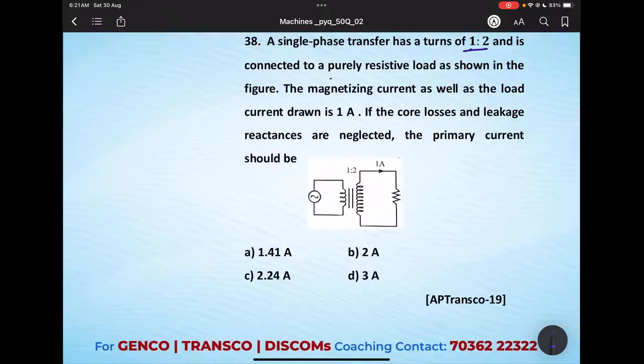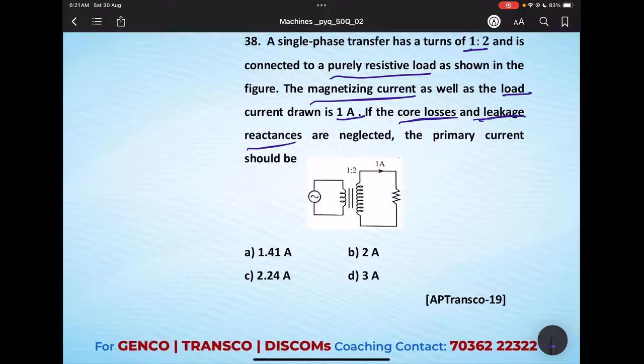They are telling it is a purely resistive load. Magnetizing current and load current are given as 1 ampere. The core losses and leakage reactance are neglected.